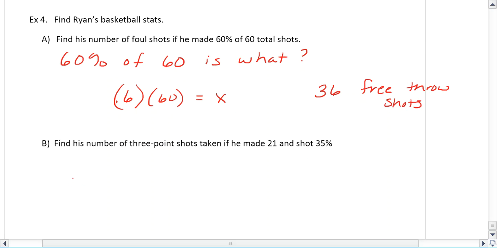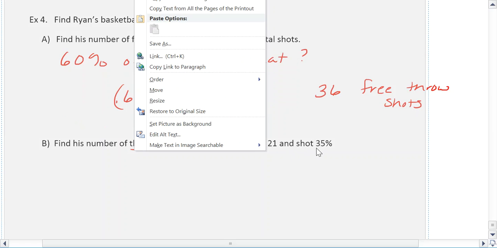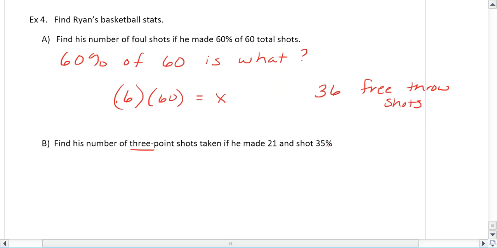All right, part B, we're asked to find the number of three-pointers Ryan attempted if he made 21 three-point shots and he was shooting 35%. Just to restate it, 35% of what, or of x, is 21.